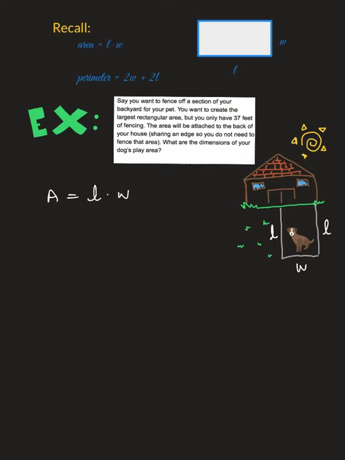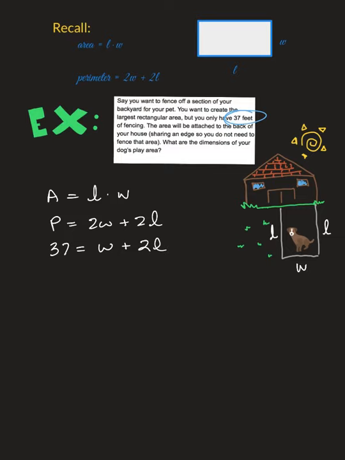The perimeter is basically the fencing, and we can see that the amount of fencing that we have is 37 feet. So for that formula, perimeter is 2W plus 2L. But in our case, our perimeter is 37, and we also only have one width, not two, because one of the widths is not being used for our fencing.